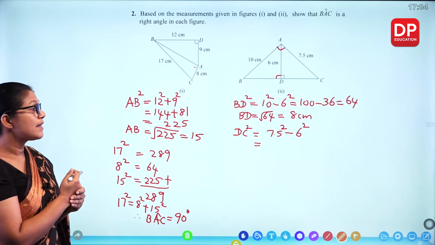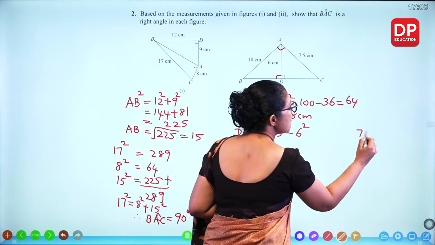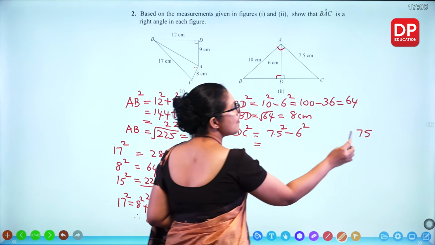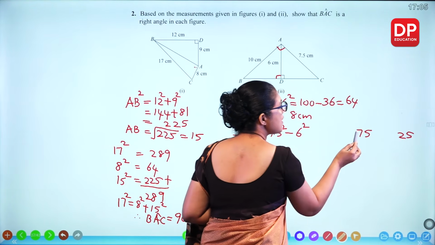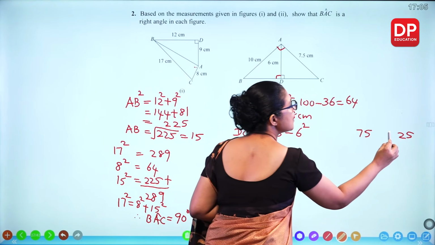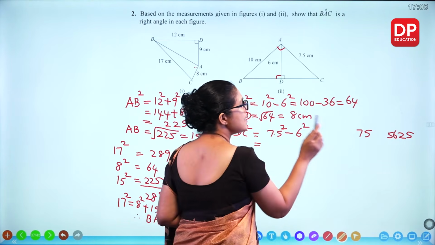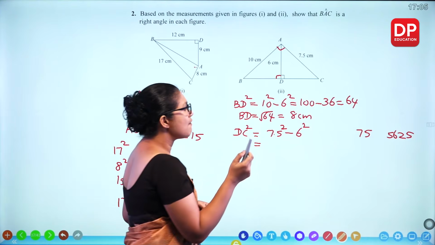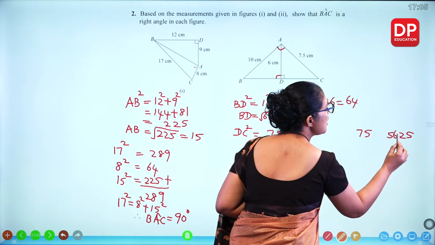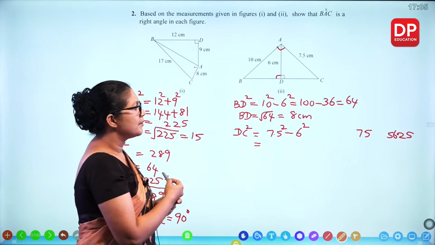I taught this method before. 75 times 75. We do 5 times 5, 25. 7 times 8, 56. 5,625 is 75 times 75. Since it's 7.5, you have to keep 2 decimal places: 56.25.